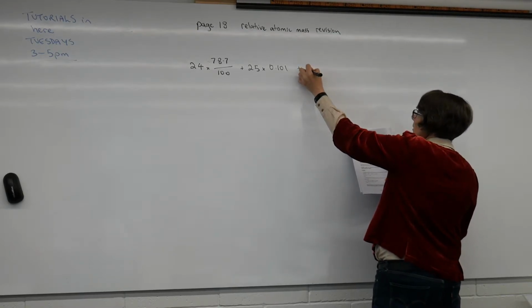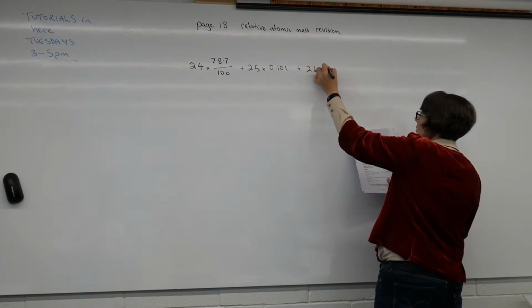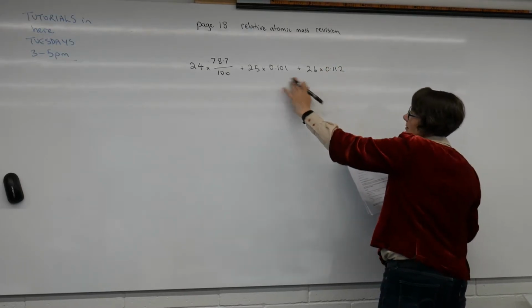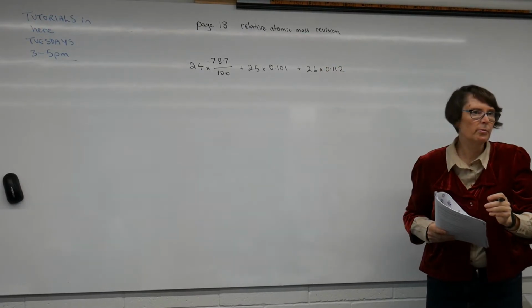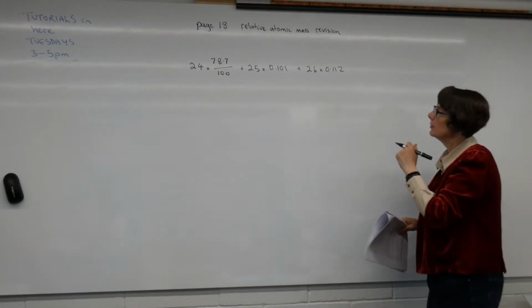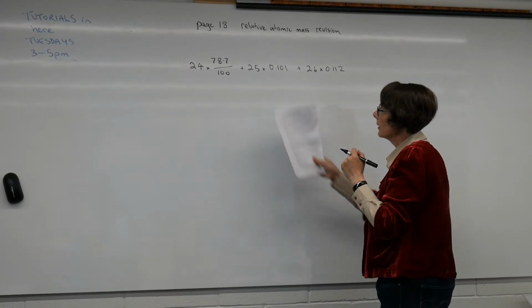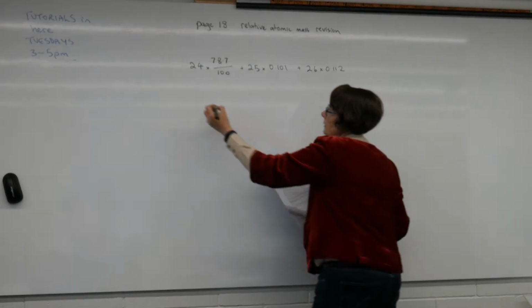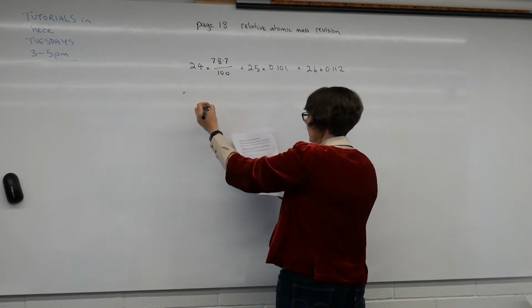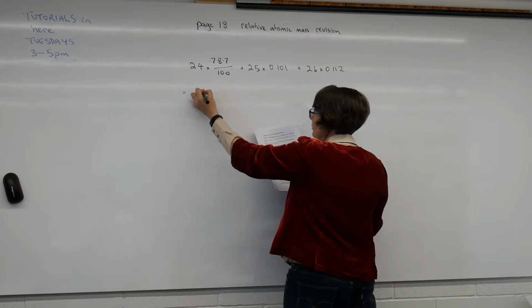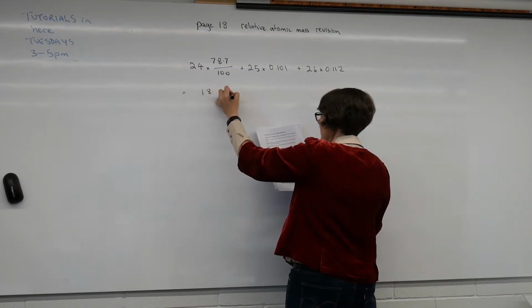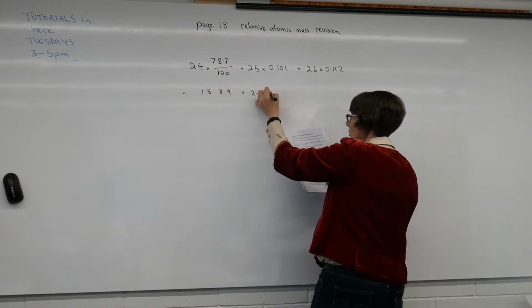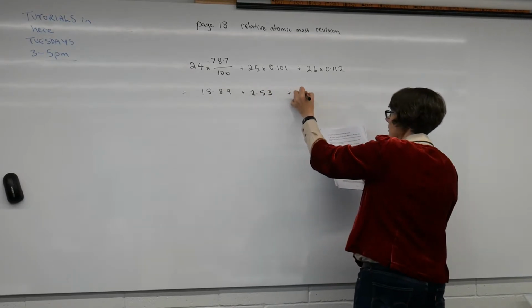plus 26 times 0.112, and this decimal way would be my preferred way. It's just tidier. I'm sure you all understand how you arrive at the decimal when it's expressed as a percent. And you can see then we add them all together, 18.89 plus 2.53, which I wouldn't write this line out.